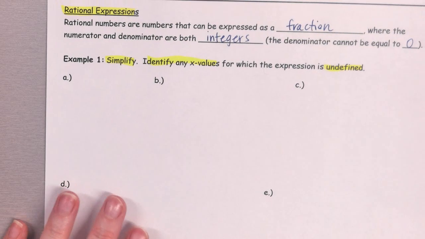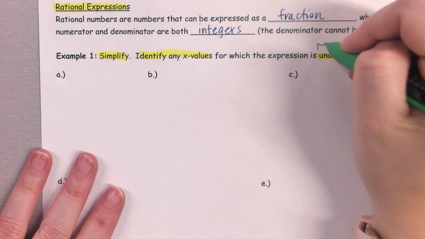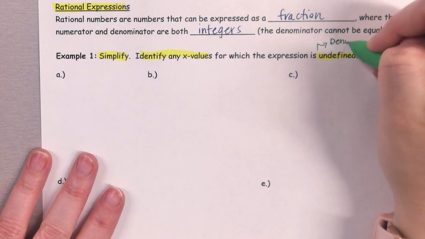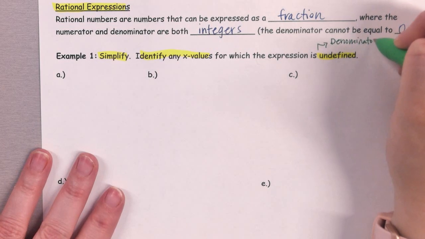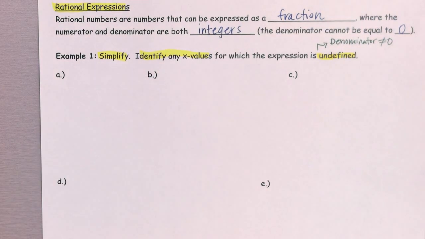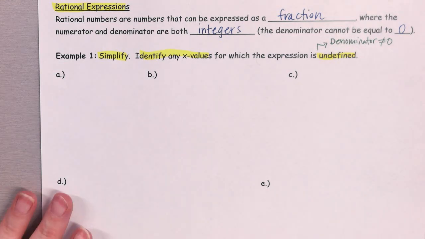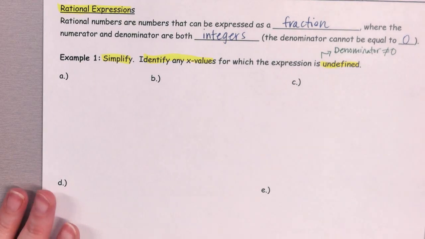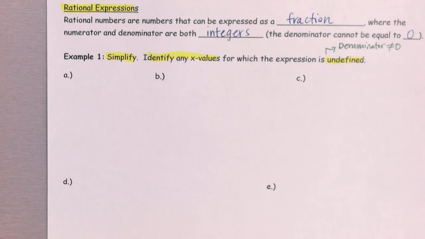That just means you have to find where the denominator cannot be 0. And then we'll talk about that. And then keep those rules of factoring in your head. We're going to talk about that in a little bit as well.